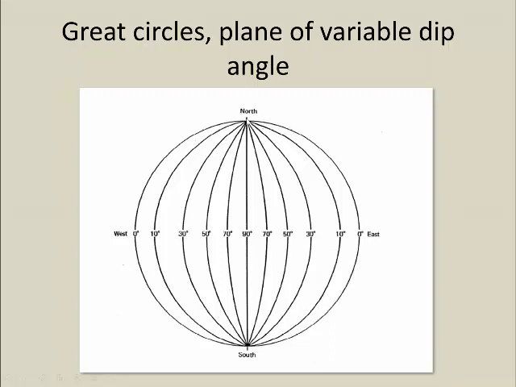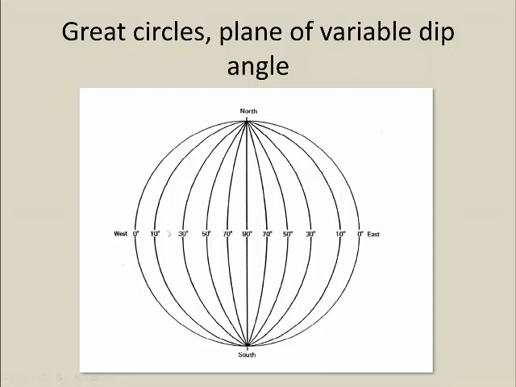Now if we use planes that have exactly the same strike from north to south, but don't dip to the east, but to the west, they still maintain their north-south strike. But the great circles will run through the western side of the Stereonet, and depending on dip angle, closer to the center or closer to the perimeter.